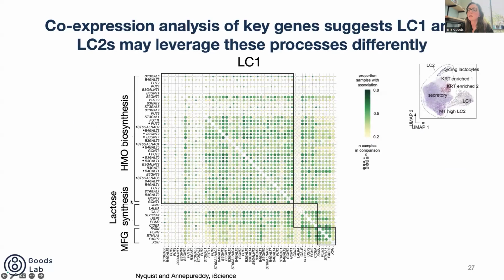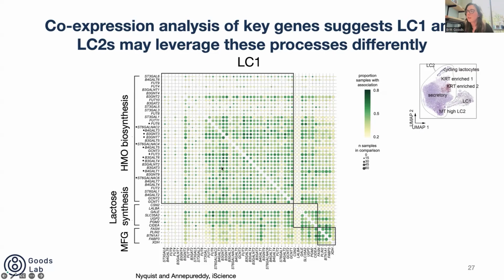We've pulled some genes that are important for lactose synthesis, and then some genes that are important for the production of milk fat globules. And then for each sample, this is a pairwise plot showing between each gene. So this would be for this gene and this gene. And then each dot is the number of samples within a comparison. And then the color is the proportion of samples with an association or a co-expression between those two genes.